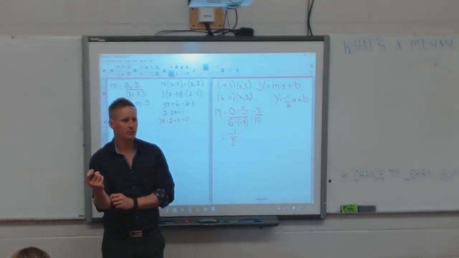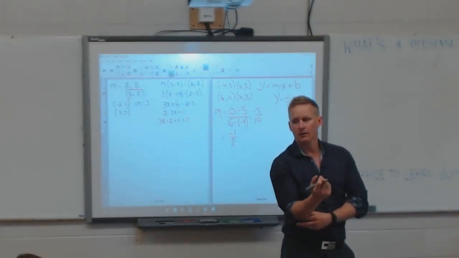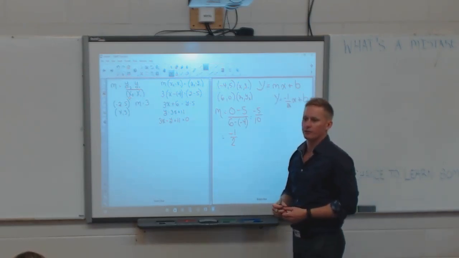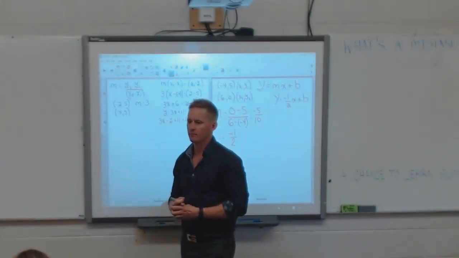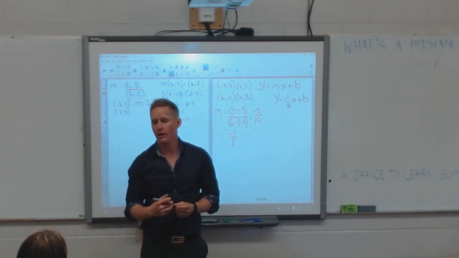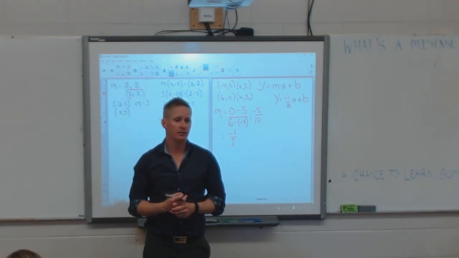Not yet. Did something before that. Does anybody remember what I did? Well, what do x and y in your equation represent? A coordinate. Where's that coordinate found? On the graph. On the line, right?